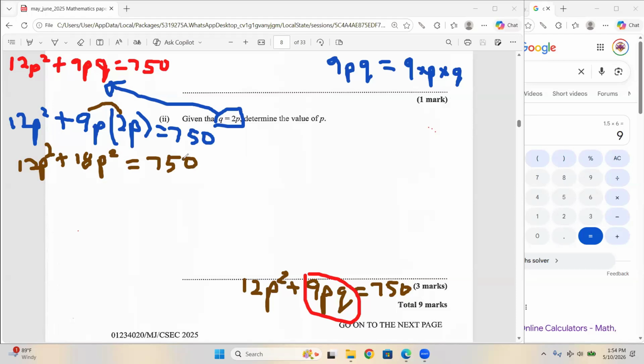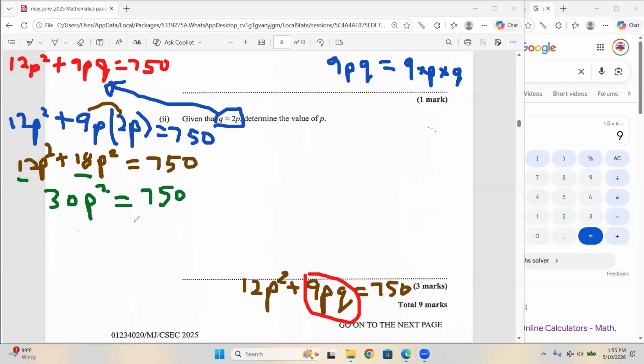So we have terms in P squared. Both of them have a P and a squared. So according to algebra, you can add their coefficients. Their coefficients are 12 and 18. So 12 and 18 is 30. And because we added terms in P squared, we put back the P squared is equal to 750.